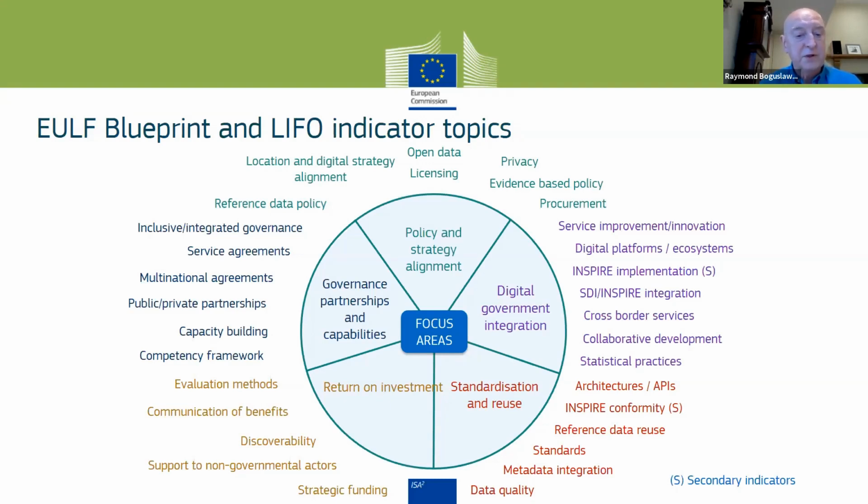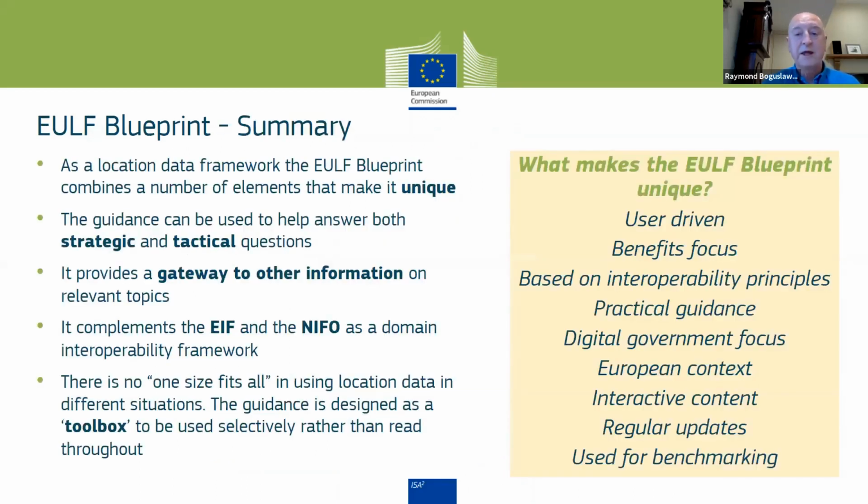In return on investment, the methods for communicating and assessing benefits, on promoting innovation and support to non-governmental actors. In governance, partnerships and capabilities, we do what it says there, covering those three topics. So a very comprehensive and balanced scorecard overview. So next slide, please, and the summary here.